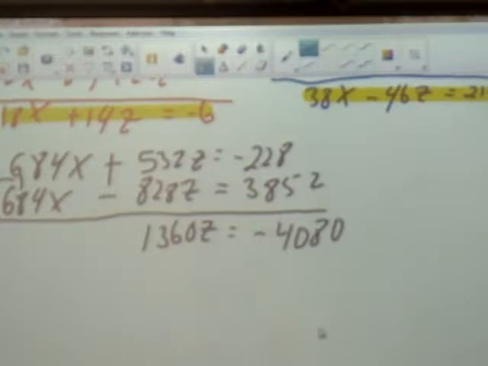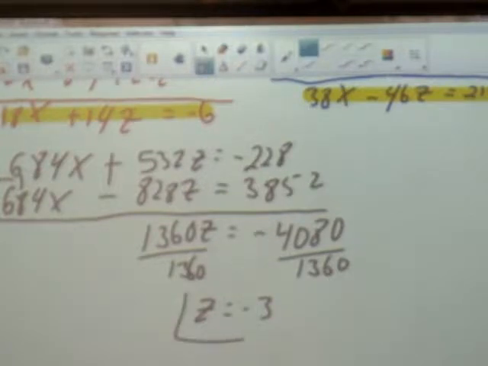Alright. What's our last step? We can get z now. And you get negative what? 3. All those humongous numbers, and we end up with a good old normal number for our z.